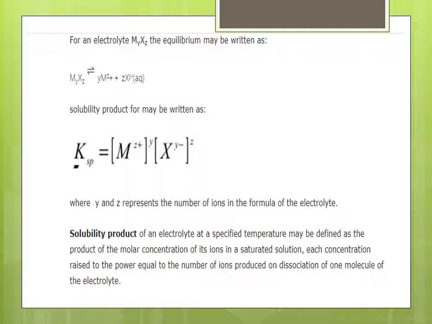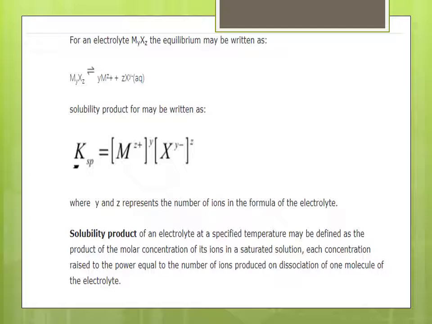For an electrolyte of type MyXz, the equilibrium can be written as MyXz giving y M raised to power z+, meaning the ions separated, and z X raised to power y-. Solubility product may be written as Ksp, both ions with their molar concentration, each raised to the power of their stoichiometries, where y and z represent the number of ions in the formula of the electrolyte.